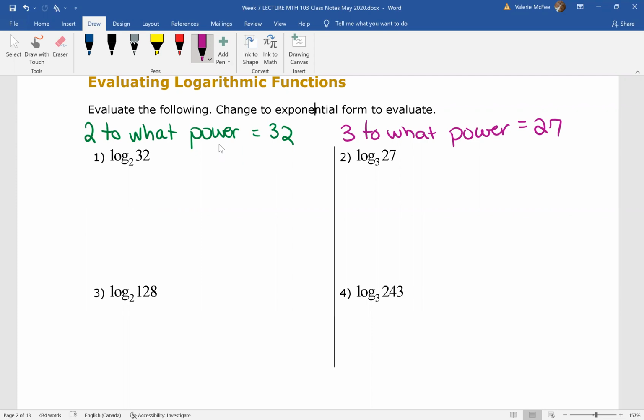In question 2, log base 3 of 27 is asking 3 to what power equals 27? But let's look at some steps for evaluating these. I'm going to suggest that we say, let this equal x or y or m, it doesn't matter, and then change it to exponential form.